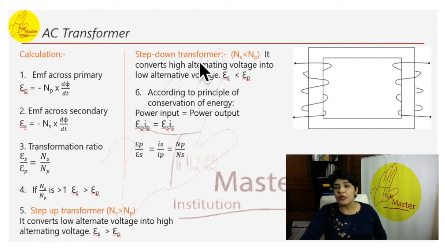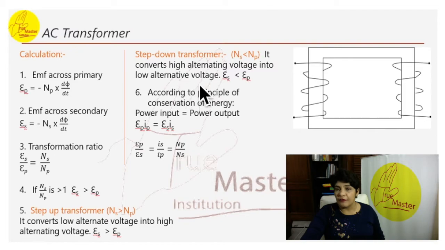There is also the step down transformer, in which NS, the number of turns in the secondary coil, is lower than in the primary coil. In that case, with fewer turns, it is going to convert high alternating voltage into low alternating voltage.